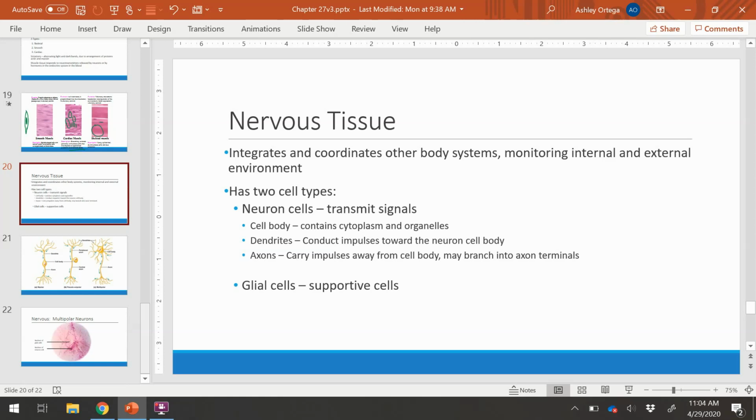The dendrites are going to carry impulses toward the neuron cell body, and the axons will carry impulses or signals away from the body of the cell. And so they're defined by what impulse, where it's going. If it's going to the neuron cell, it's the dendrite that's taking it there. If it's leaving the neuron cell, it's an axon that's taking it out.